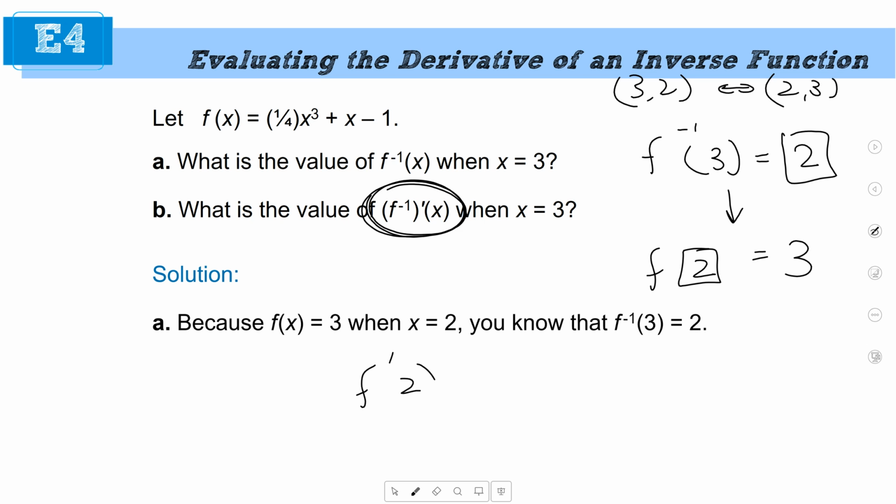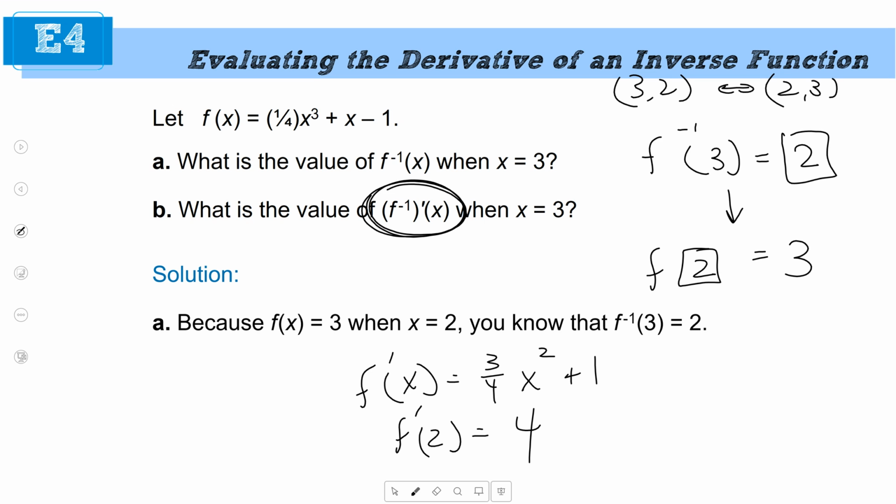In other words, I'm looking for f prime of 2. Well, that would be 3/4 x squared plus 1. Actually, let me get rid of that. So f prime of 2 would be equal to 2 squared, 4, which is 4. Okay, makes sense so far?